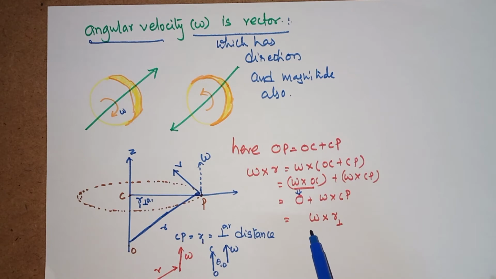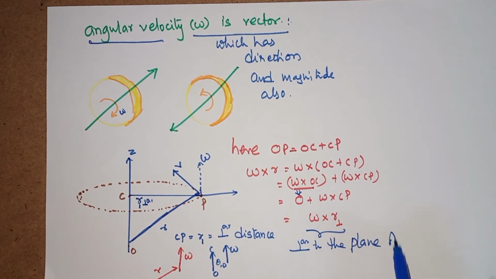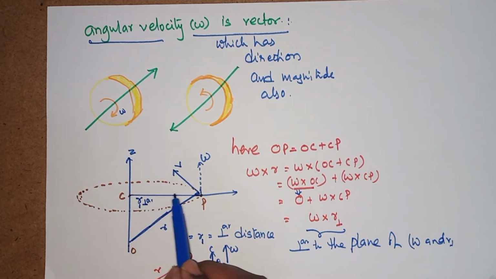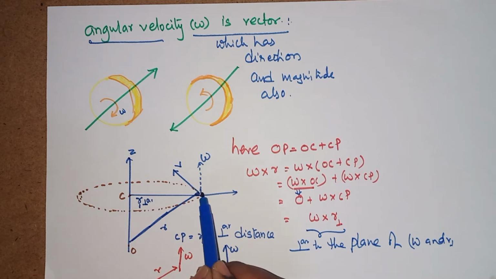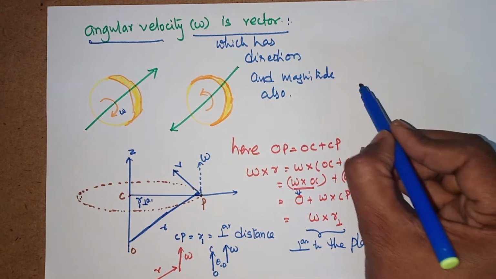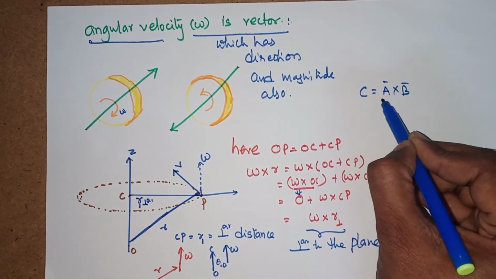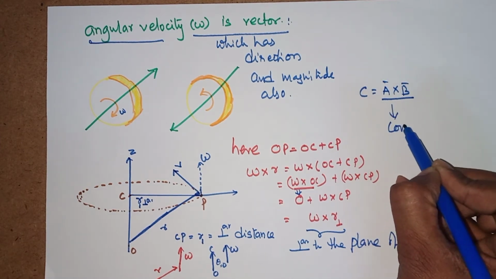So this is actually perpendicular to the plane of omega and the perpendicular distance. This is the x-axis, this is the z-axis, and v is perpendicular to the plane. Suppose C is equal to A cross B, then A and B contain a plane.